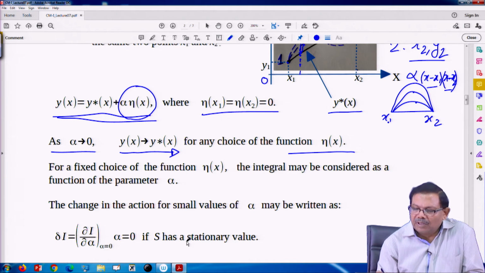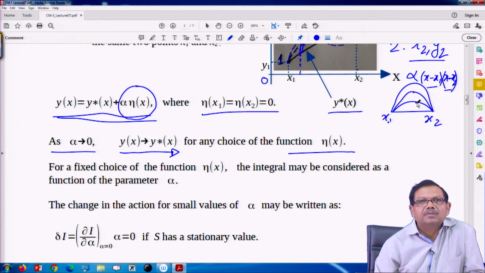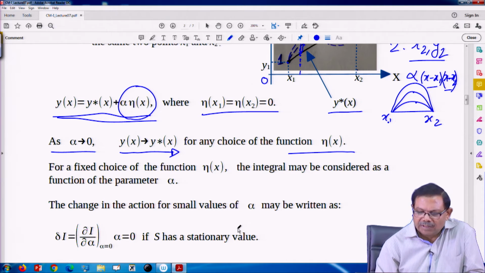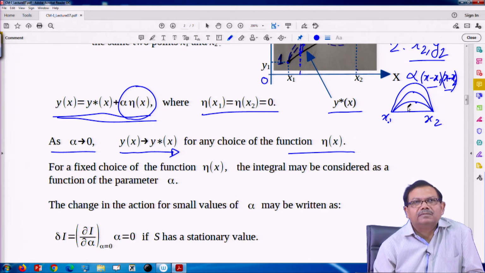Okay. But for a fixed choice of eta, suppose I have already chosen a form to represent various possible paths, it may be a parabola, it may be some sinusoidal curve, etc. Once I have chosen, then I can vary only the parameter alpha. By varying alpha, I can get various curves here.